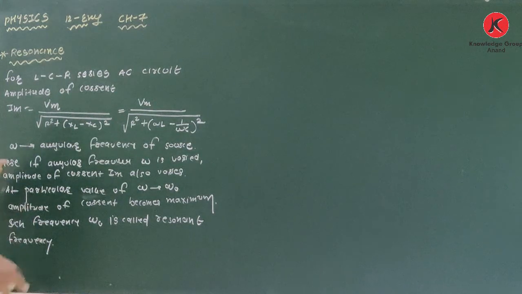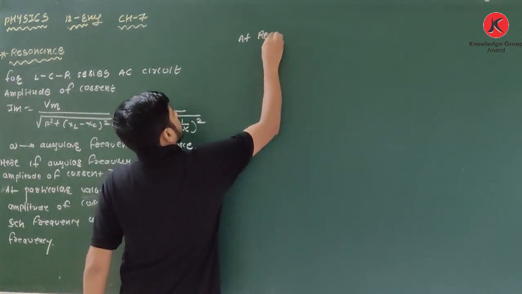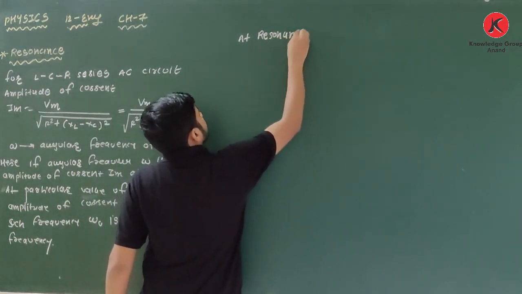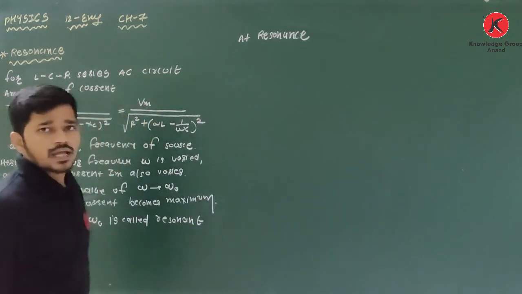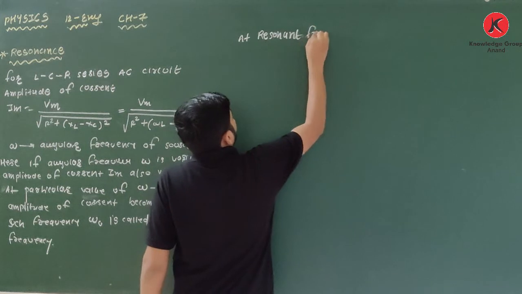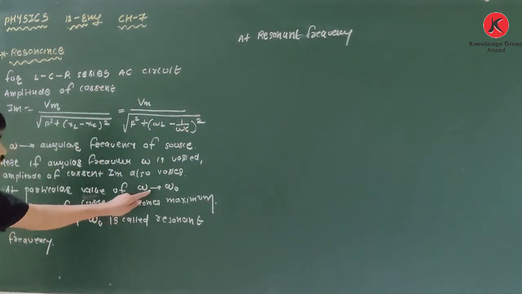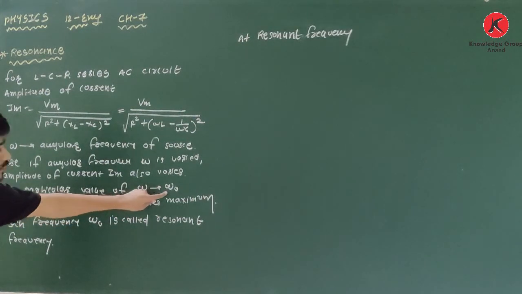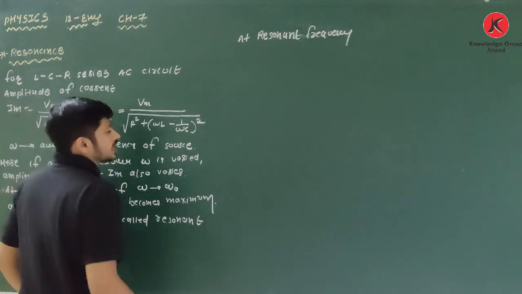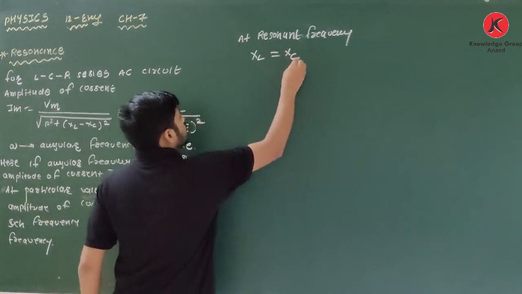Now how does current become maximum? See, at a particular value of omega, that is omega 0, the amplitude of current becomes maximum. How? At resonance, that is at the resonant frequency, the value of angular frequency omega 0 is such that XL becomes equal to XC.